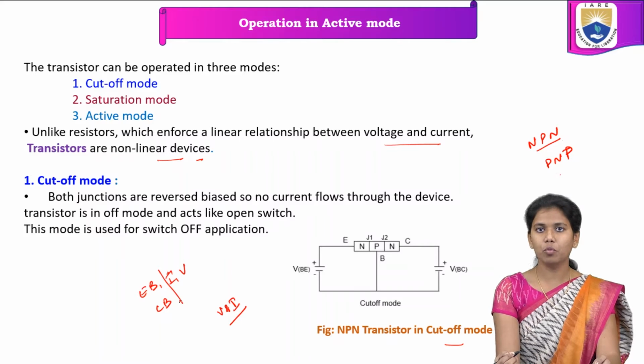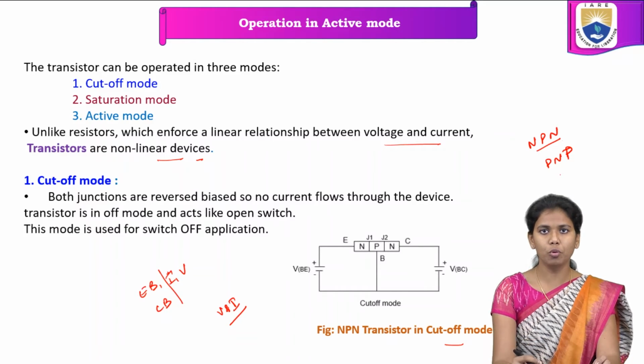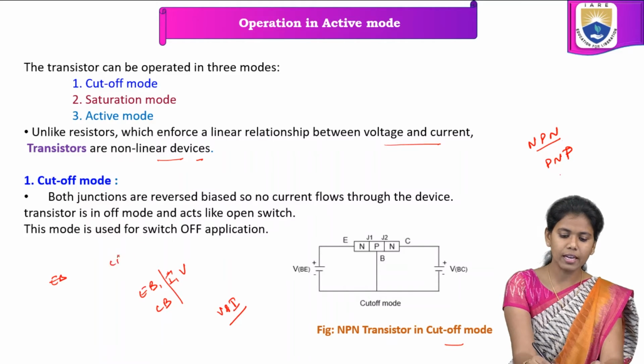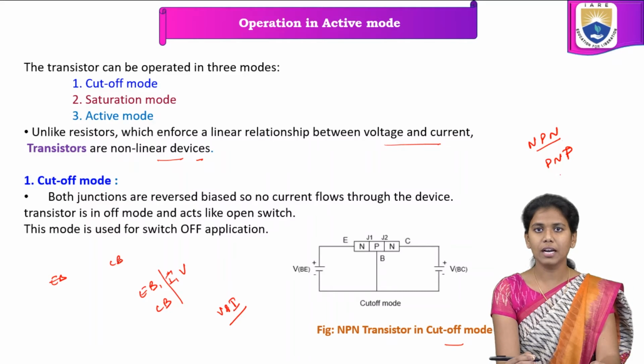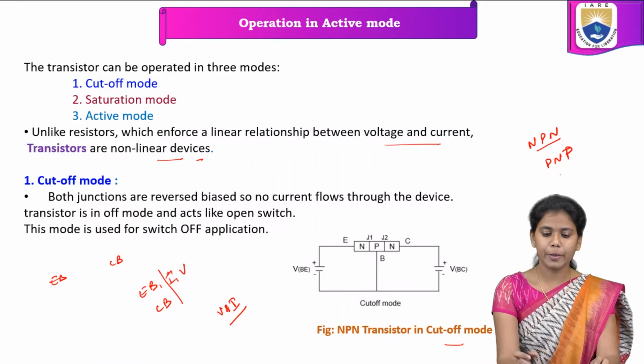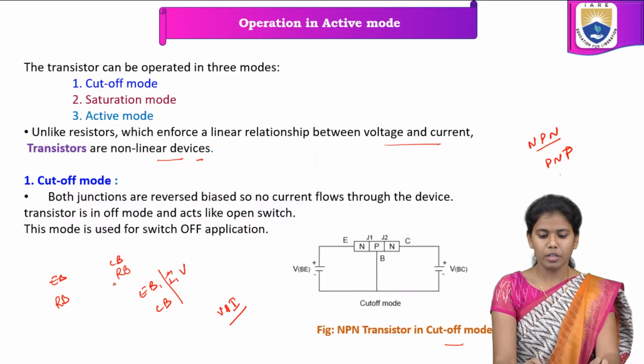The current and the voltages can be observed through these junctions. Here both junctions are reverse biased in the cutoff mode.